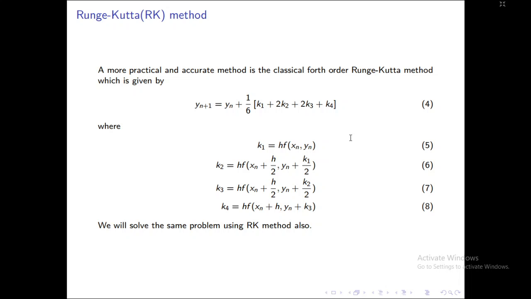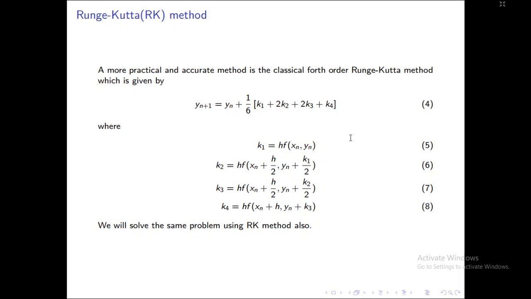K3 is equal to h into f of x n plus h by 2, y n plus k2 divided by 2, and k4 is equal to h into f of x n plus h, y n plus k3.